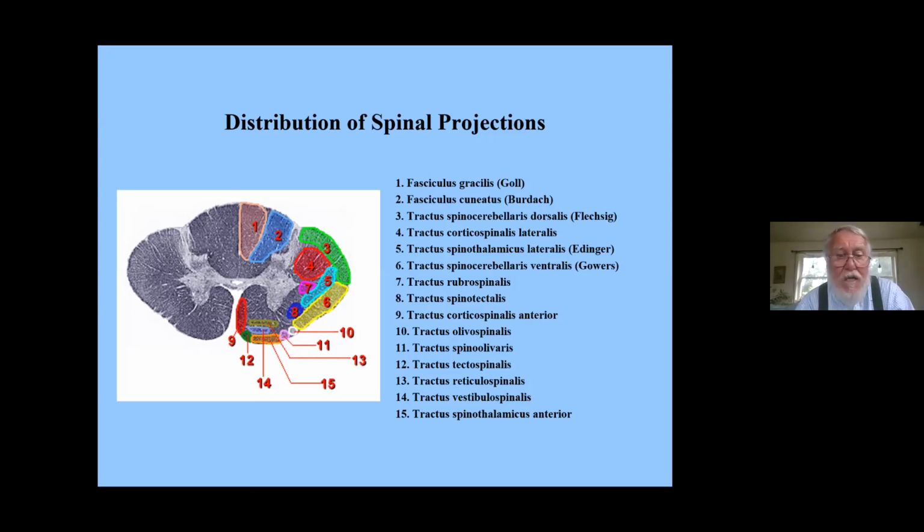Now, let's make sure that we know something here. Whereas the fasciculus gracilis and the fasciculus cuneatus are ipsilateral to where the fibers came in, the lateral spinothalamic tract fibers are contralateral to where they came in. What happened?